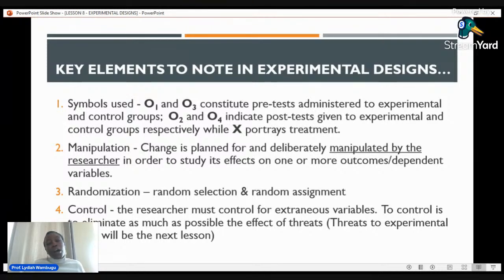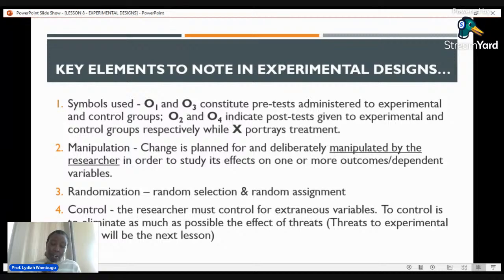Like we said, when doctors want to determine the effects of a vaccine, they are the ones who will deliberately inject the new vaccine into the bodies of those who are participating in the study. Then the others who are not participating will be given a placebo, and then they measure the change. They see the effect at the end of it all. So manipulation is another key element.